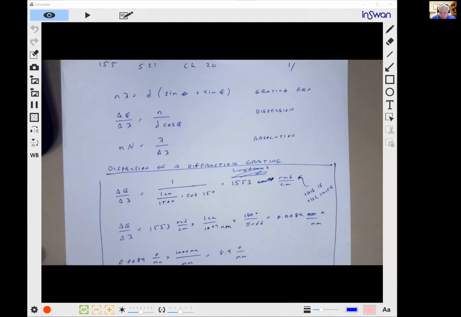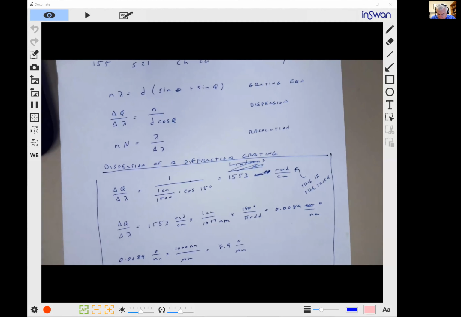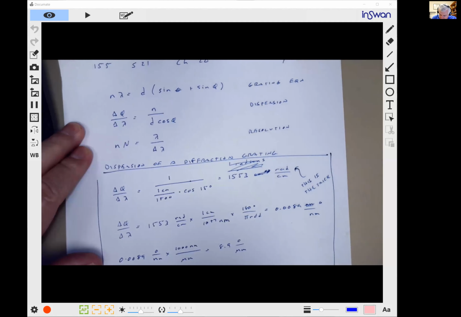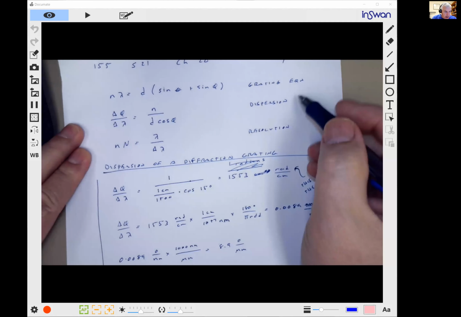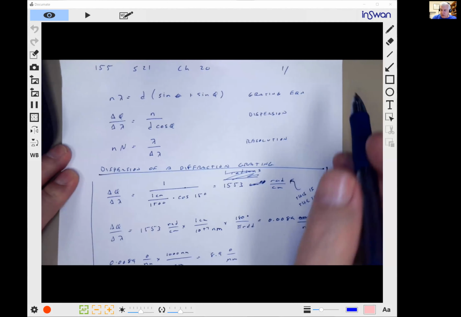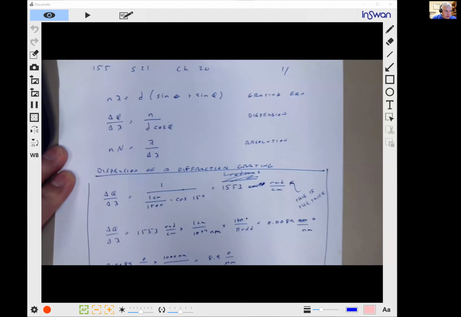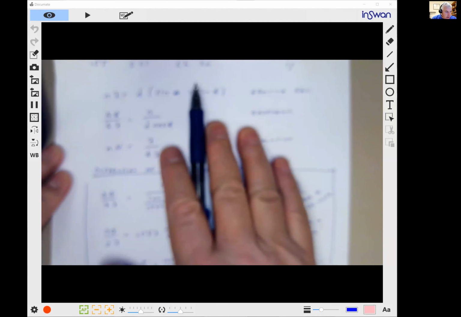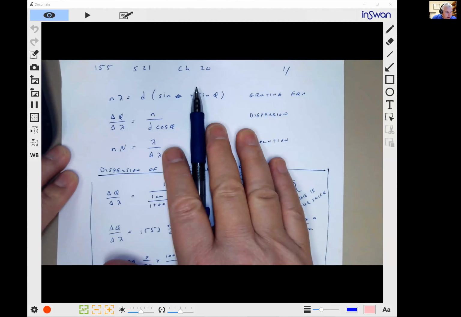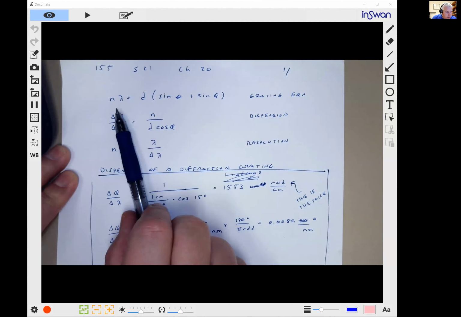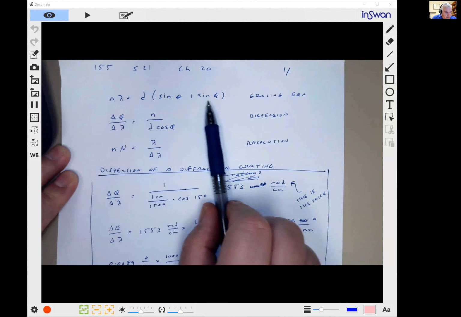So for a grating, there are basically three equations. There's the grating equation, n lambda equals d times sine i plus sine r.